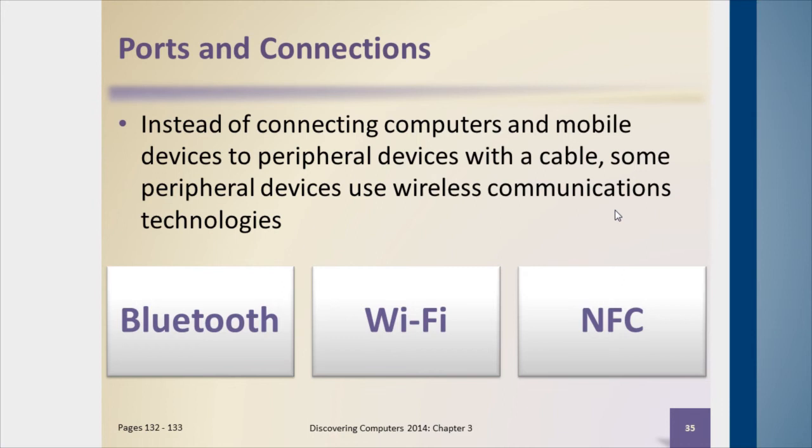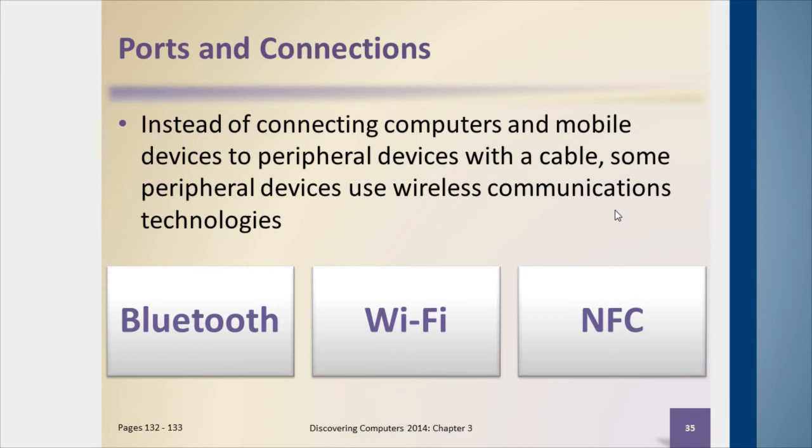I've got a Google Nexus tablet that I connect through Bluetooth to my keyboard, and that allows me to not take up real estate on my small tablet with the virtual keys built onto it. I can use the separate Bluetooth keyboard. We also have Wi-Fi connectivity, which has extended range, and most of us are familiar with that. And we've got something referred to as near-field communications.